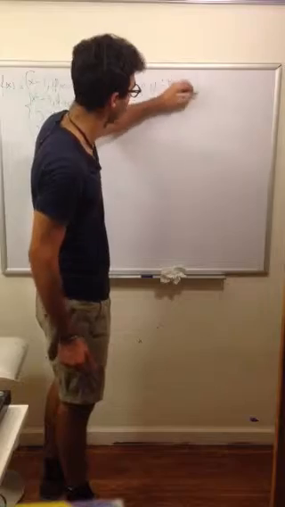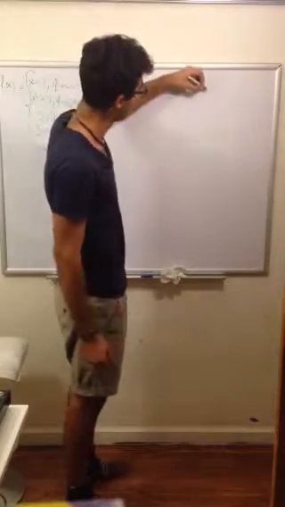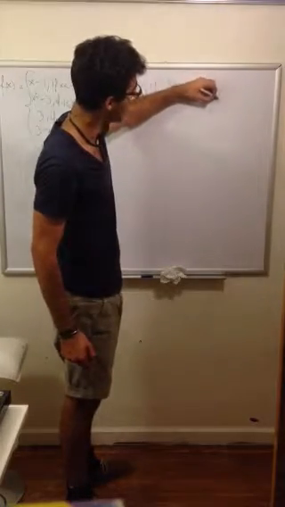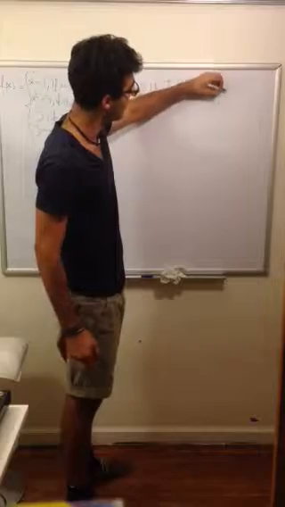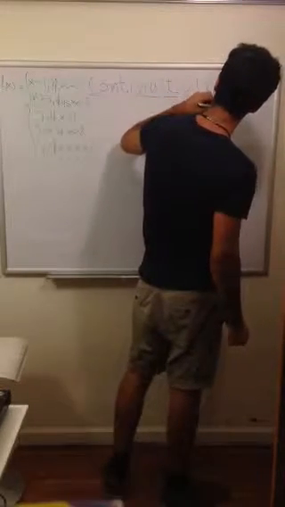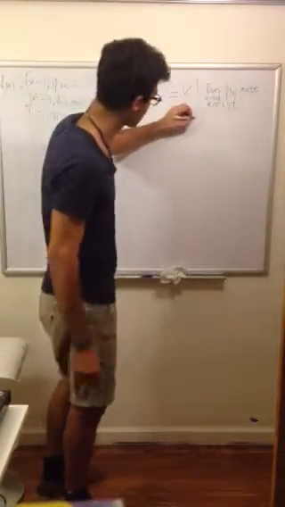Let's write it right here. First condition is going to be our limit as x approaches a of f of x must exist. That's all. Must exist. Okay? That is our first condition. Now the second condition.